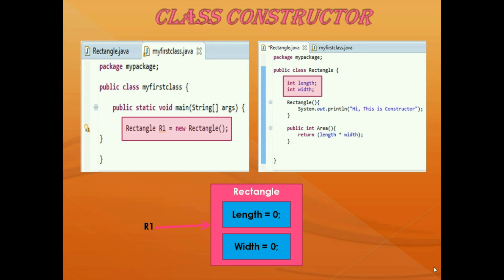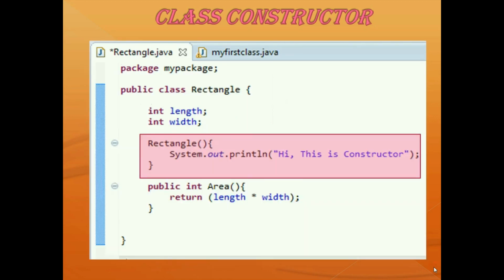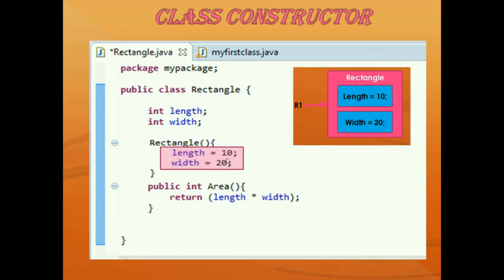Now, what if I want to assign some values to our instance variables? For that, what do we need to do? We know that constructors are used to initialize values in a class. So I am going to initialize some values here, like length is equal to 10 and width is equal to 20.